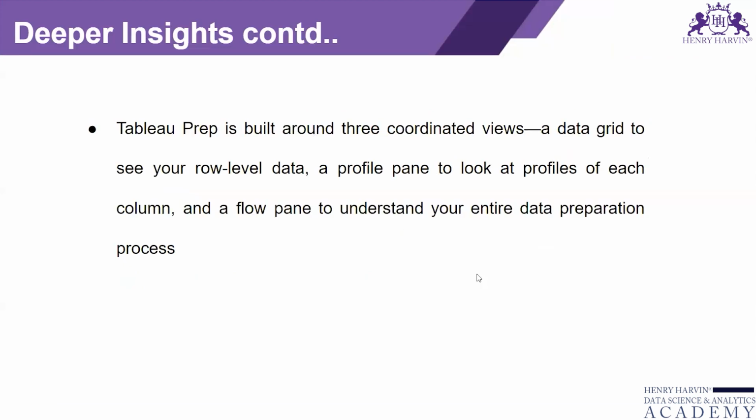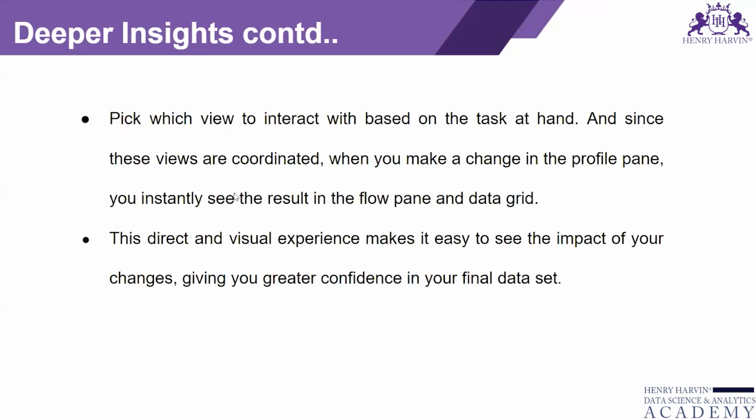Tableau Prep is built around three coordinated views: a data grid to see your row level data, a profile pane to look at profiles of each column, and a flow pane to understand your entire data preparation process. So pick which view to interact with based on the task at hand.